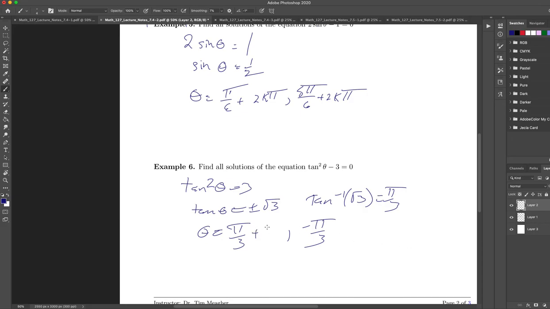Then all we need to add here is k pi, and that gives us all our solutions. So here tangent did have 2 solutions, but that fell out because of the plus or minus.